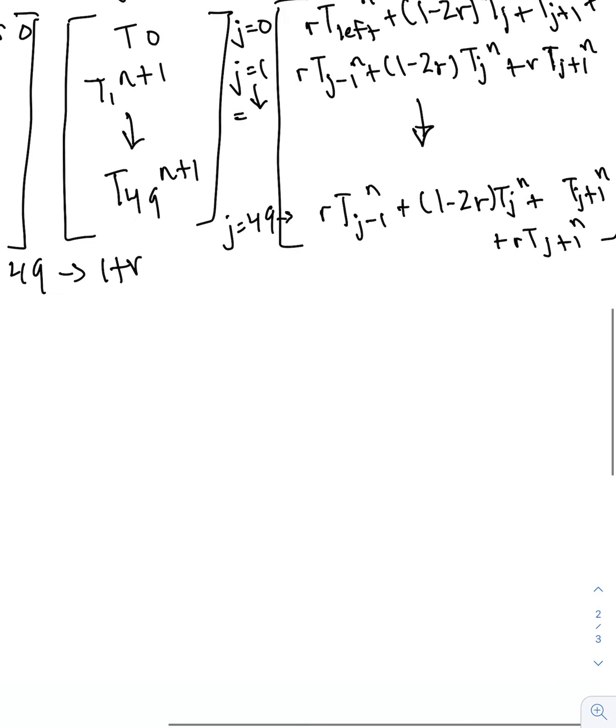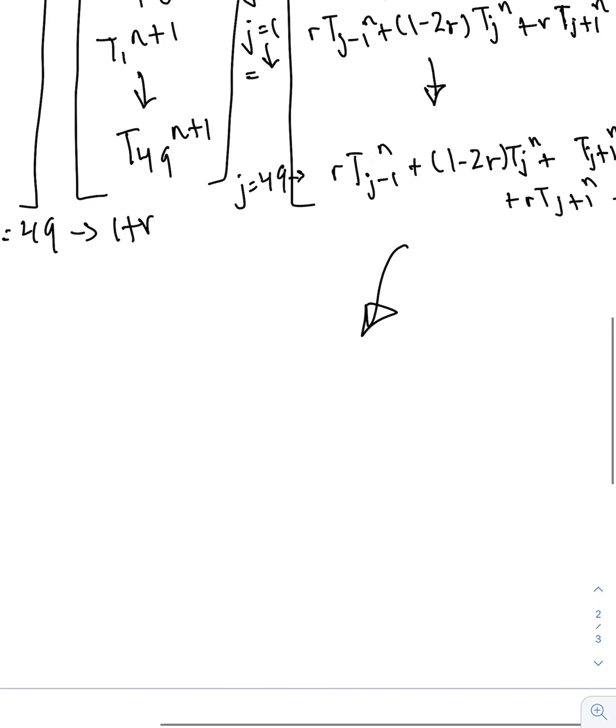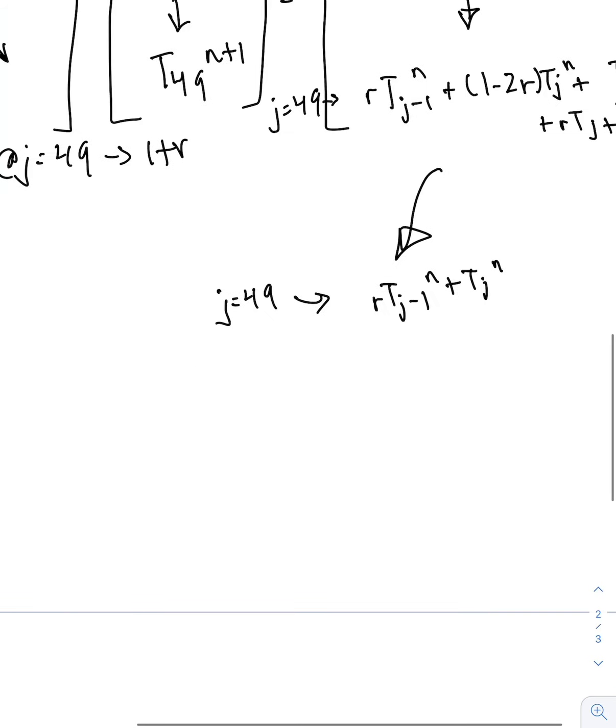And to further simplify this, at j equals 49, we're going to have r Tj minus 1 to the n plus Tj to the n, and we'll finally arrive at Tj to the n equals Tj plus 1 to the n.